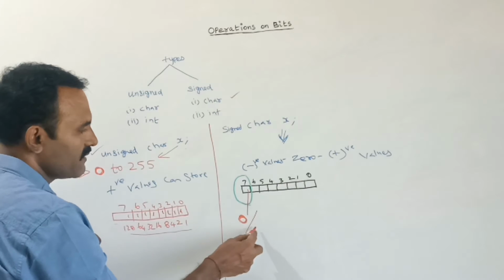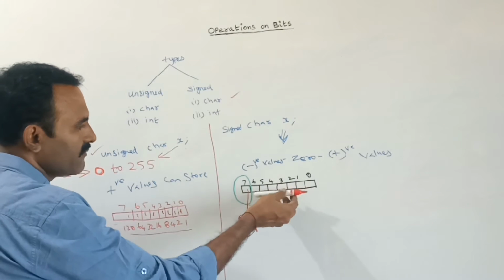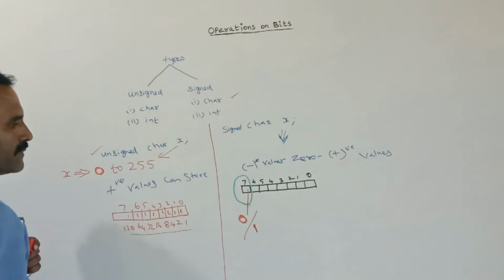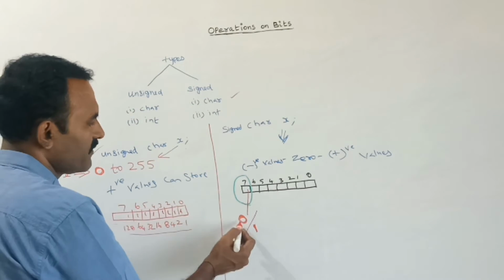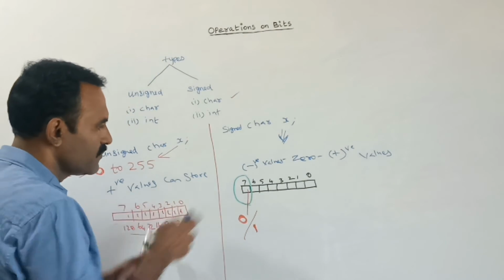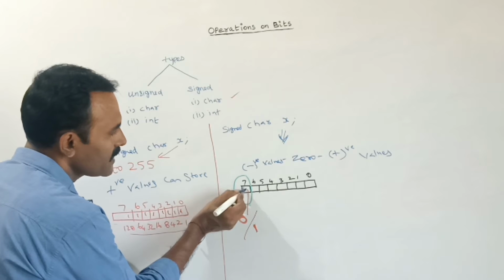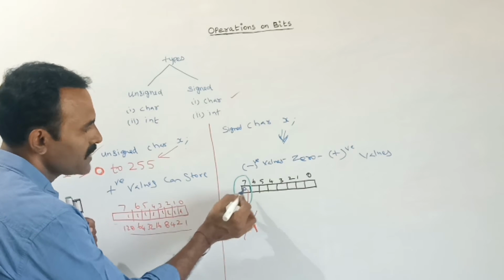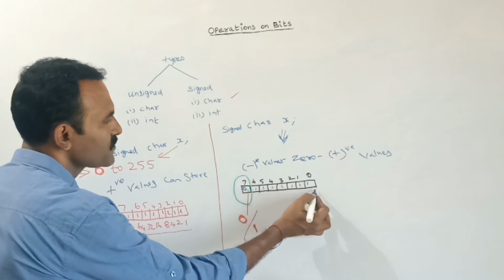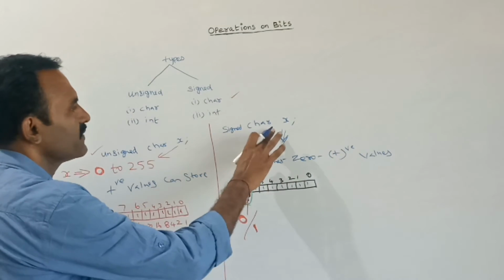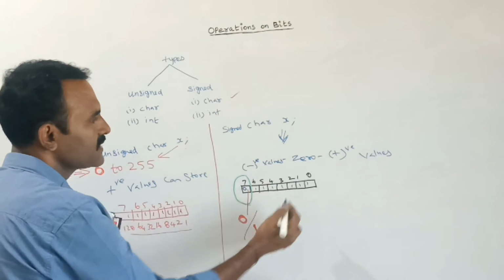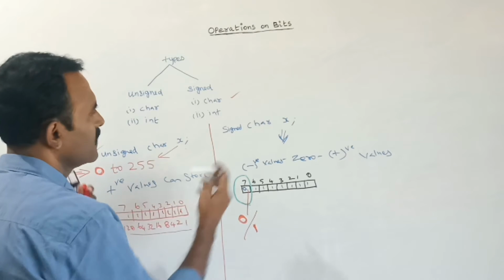If the 7th bit value is 1, then the given value is negative. So this 7th bit is the sign bit. For positive, the 7th bit should be 0. For the positive value, what is the maximum number we can give? If every other bit value is 1, that is the maximum value. Suppose you declare a signed character x, then for x we can store the values.